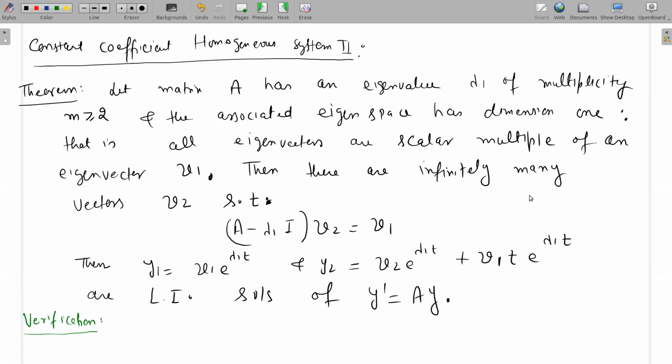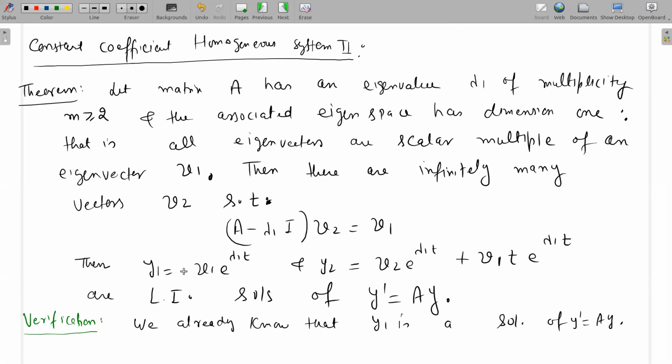We already checked y1, from the old case. Now differentiate y2. We already know that y1 is a solution, so now you need to check y2 is also a solution.